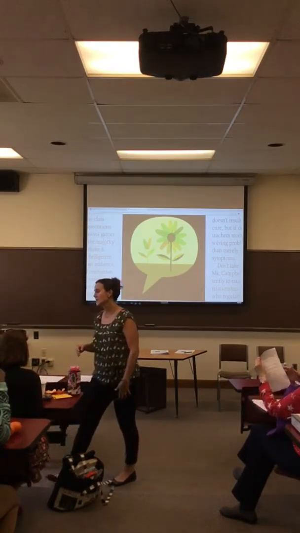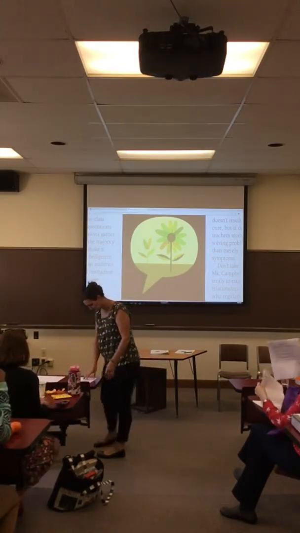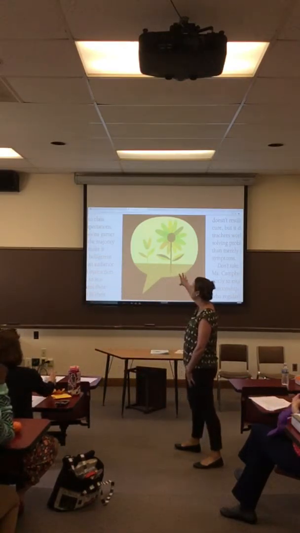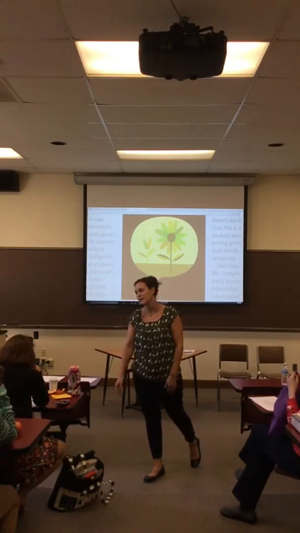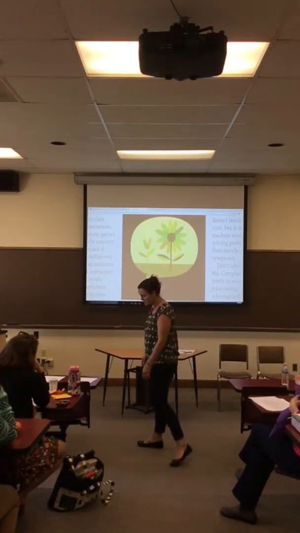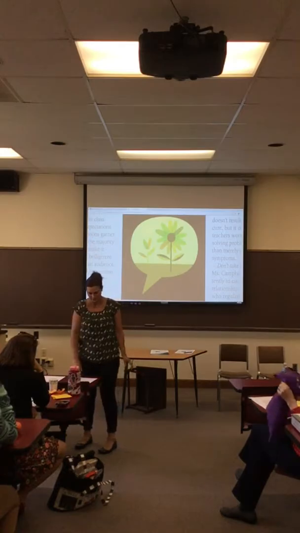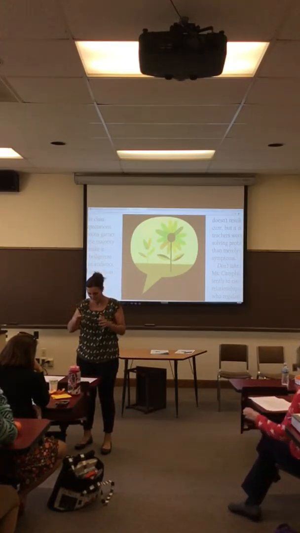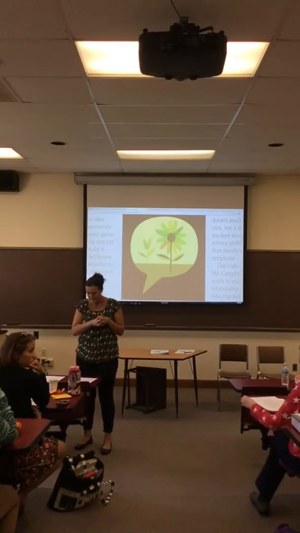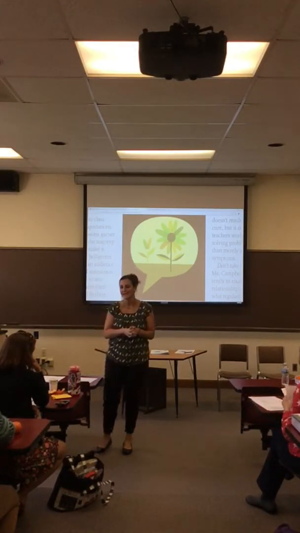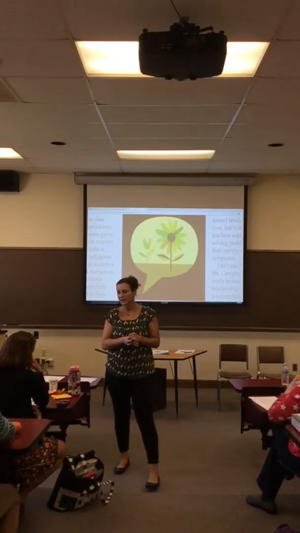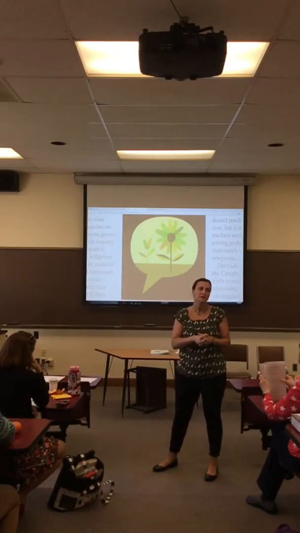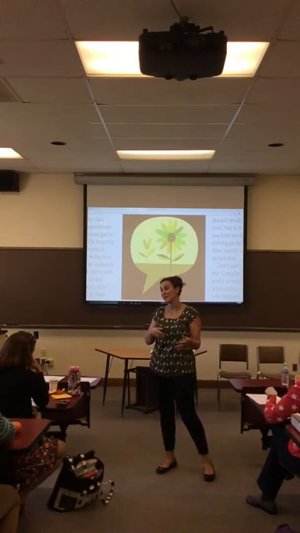Our first activity is to think about this image on the board, which is in the center of the first page of the article. Turn to a partner, if possible someone at the same grade level, elementary, middle, or high school, and discuss how this image relates to what you read last night, or maybe right before you walked in here.